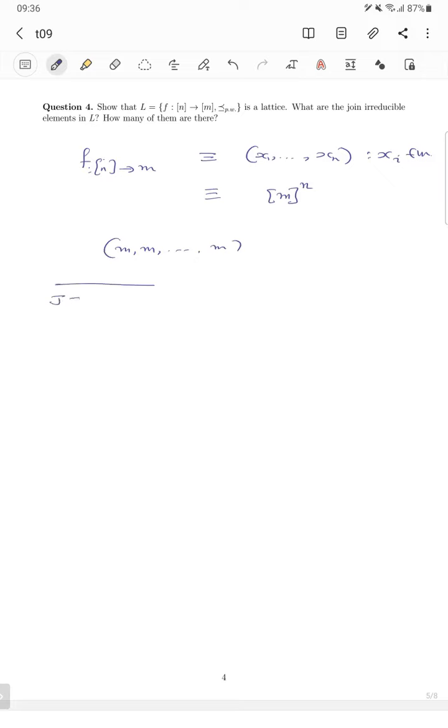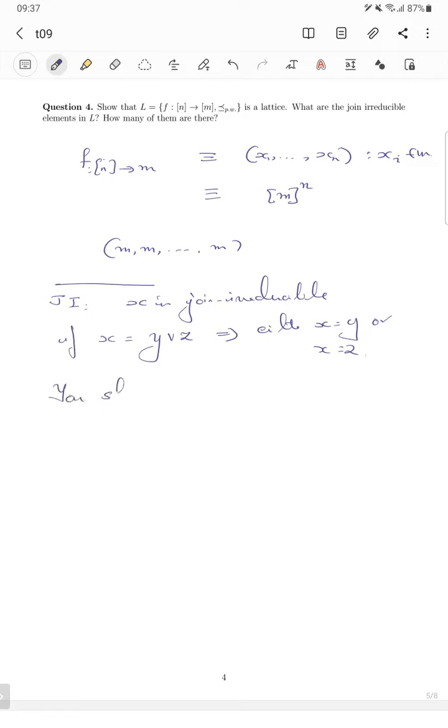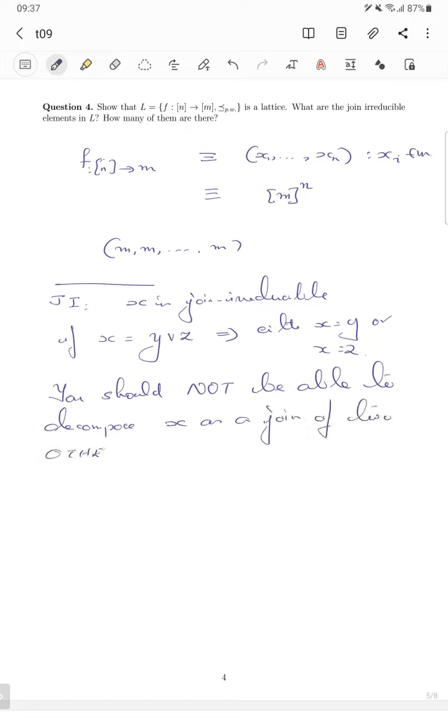We say that X is join irreducible if X equal to Y join Z would always imply either X is equal to Y or X is equal to Z. But the intuitive way to read the sentence is that you should not be able to decompose X as a join of 2 other elements, and here other is very important.